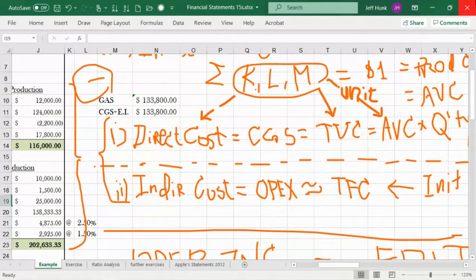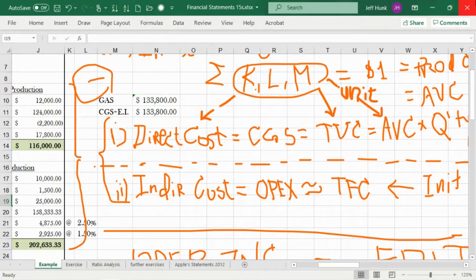Without even one of them, you can't have production, right? You cannot have production without labor. Even if you have a fully automated factory, someone needs to be there at the control panel, right?